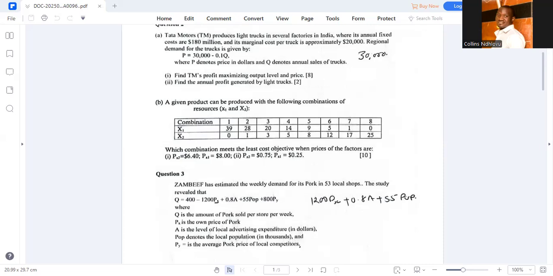We're given case 1, where the price of good 1, we can call that PX1, is 6.0, and PX2 is 8.0.